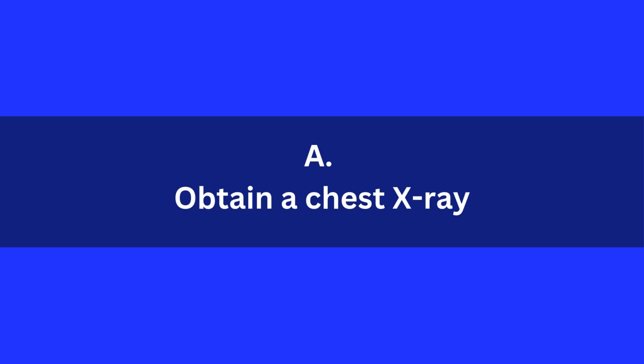And in a busy emergency department, sometimes it can be quite difficult to appreciate all the clinical findings. So going back, obtain chest x-ray is not the correct answer in this case because the patient is hypotensive and the clinical presentation is highly suggestive of tension pneumothorax with hemodynamic compromise.